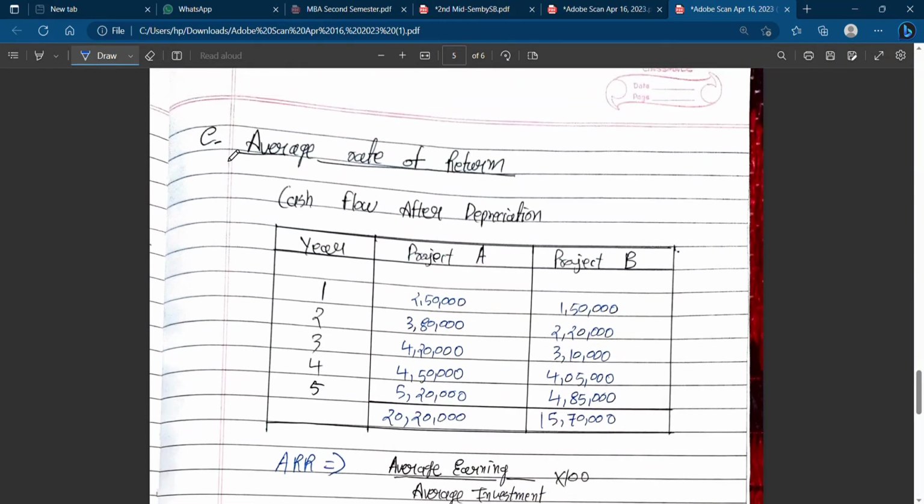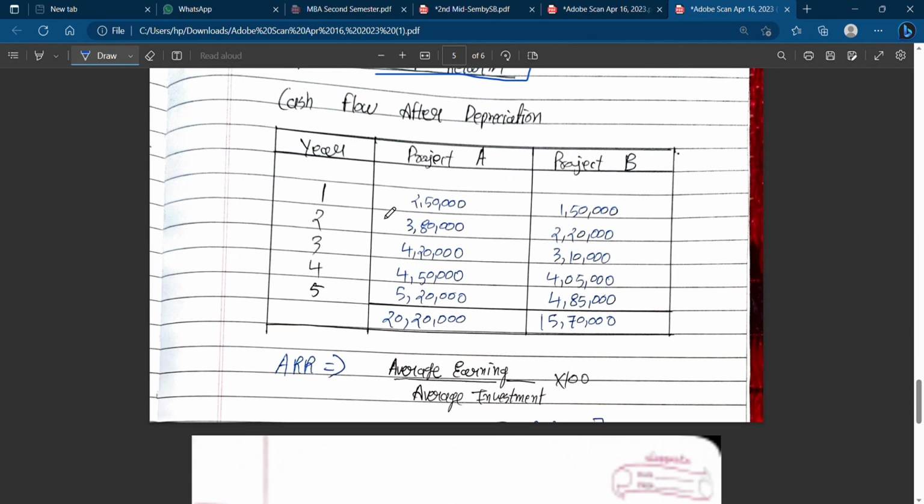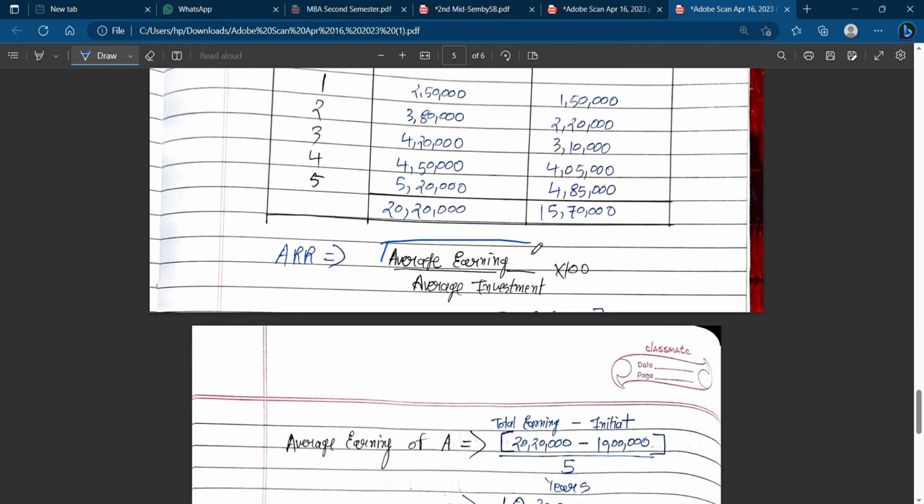Our last is the average rate of return. For the average rate of return, the formula is average earning divided by average investment. In the investment only the initial investment is given, so we will take that as our investment, and we have to calculate the average earning.